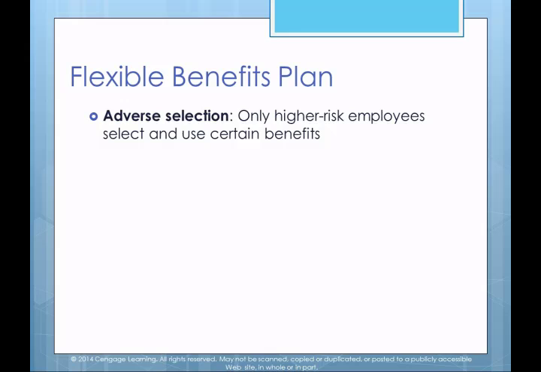For example, employees with young children are far more likely to enroll in orthodontia benefits plans that provide braces than are older employees. Since insurance plans are based on a group rate, the premium rates might be higher because too few employees who do not need braces enroll in the plan.